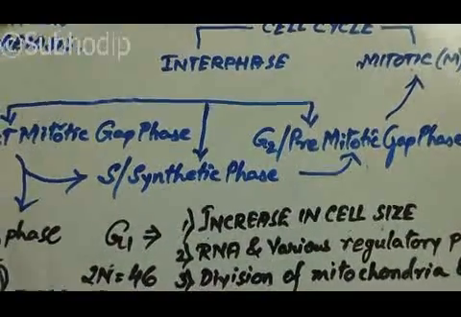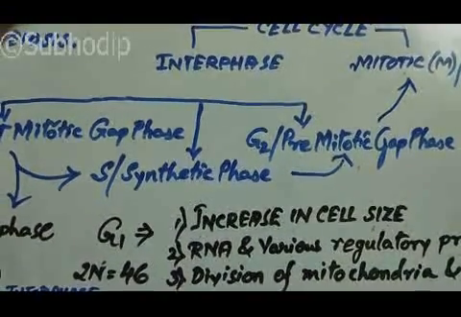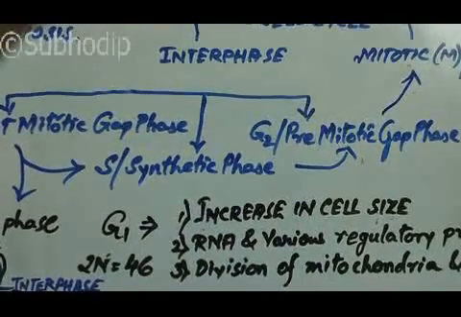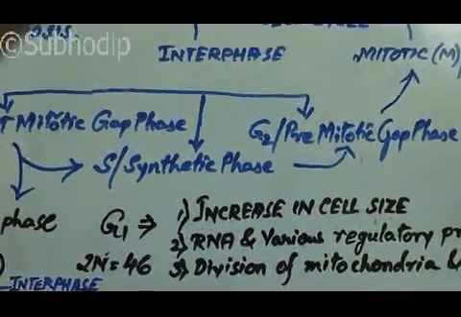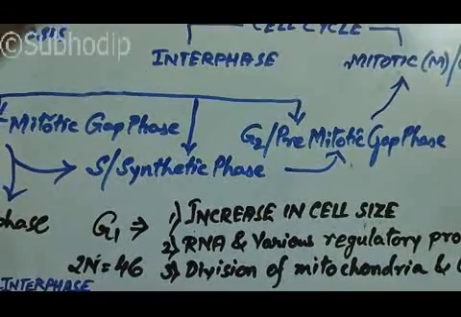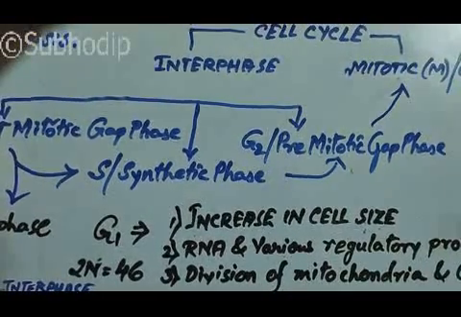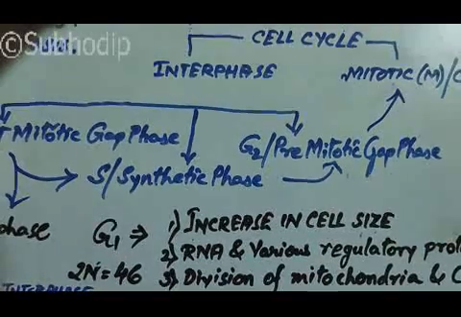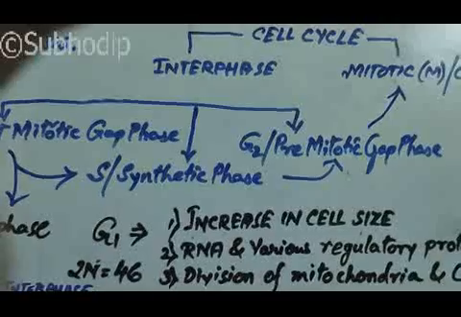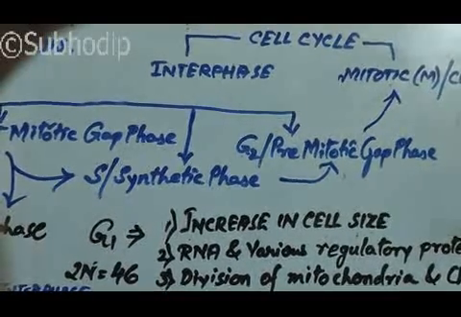The activities going on inside a cell during interphase can be summarized as replication of DNA, synthesis of nuclear proteins, that is histones, division of centrioles, synthesis of energy rich compounds, that is ATP, to provide the energy requirement of mitosis phases, and synthesis of proteins for formation of spindle fibers, etc.